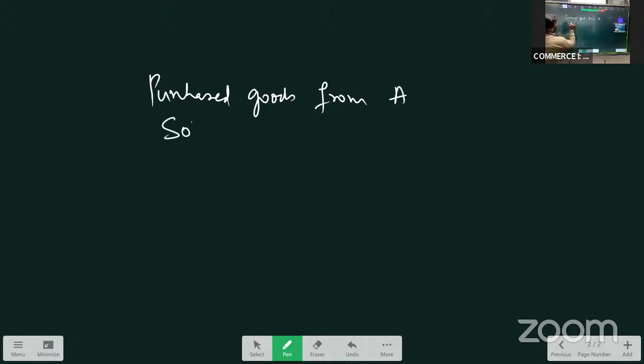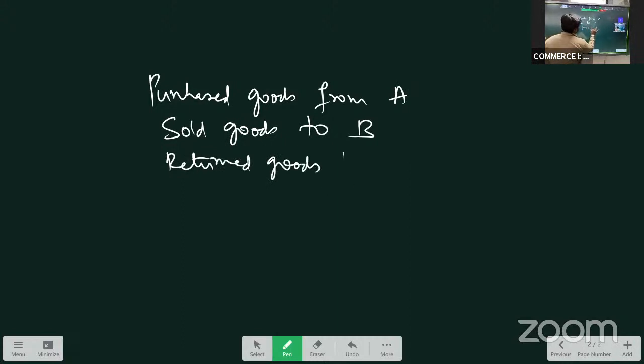Then if it is given as sold goods to B, it will be recorded in sales book. First, this was a transaction of purchases, which was recorded in purchases book. This is a transaction of sales, which will be recorded in sales book.